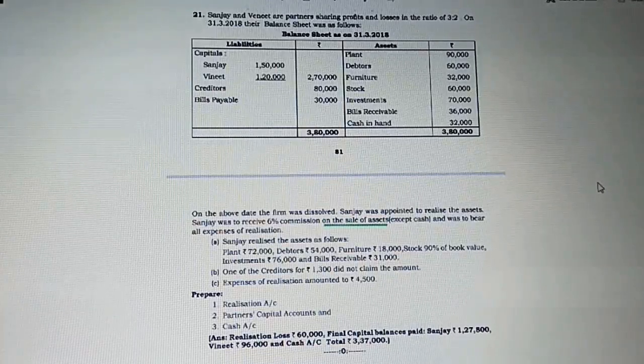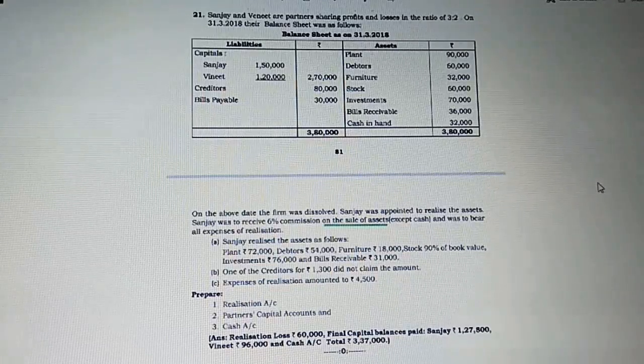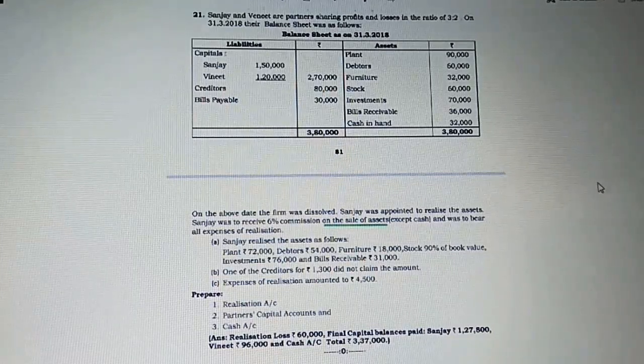See, in the adjustment, just observe that on the above date, the firm was dissolved. Sanjay was appointed to realize the assets. So one of the partners is taking the responsibility of selling the assets, and on selling those assets, he was to receive 6% commission on the sale of assets except cash. We don't take cash. This is just a small instruction which wants to put you into confusion.